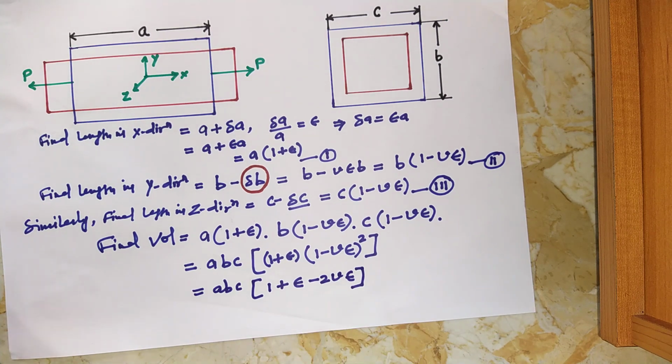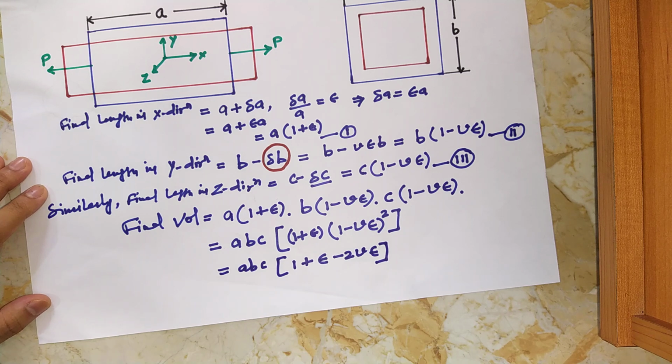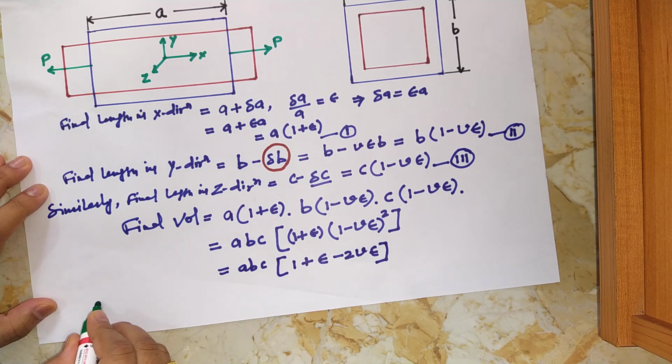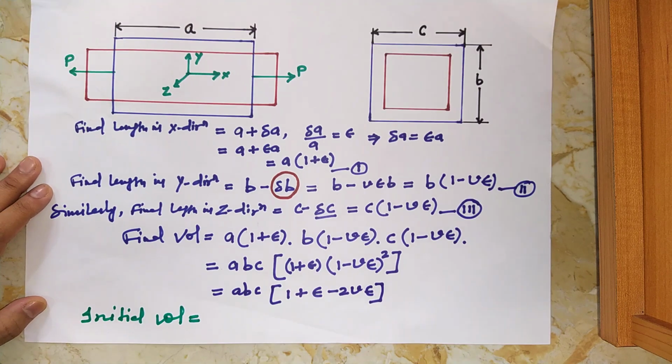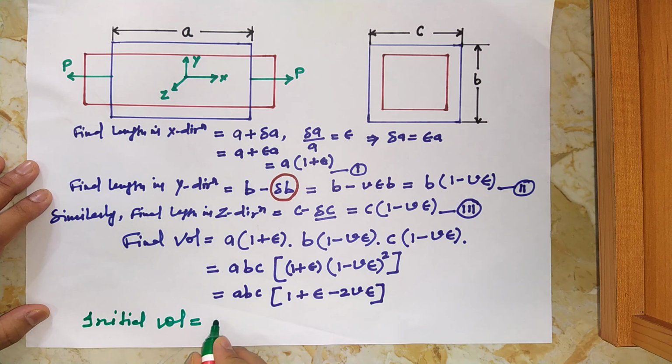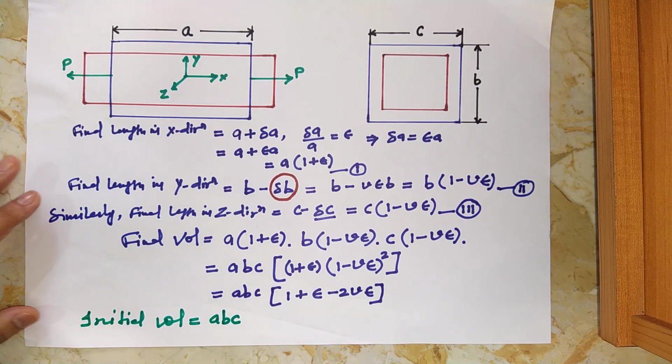Now since we already know what our initial volume is, what is our initial volume? Initial volume of a cuboid is the product of the lengths of the sides. So it will be ABC.